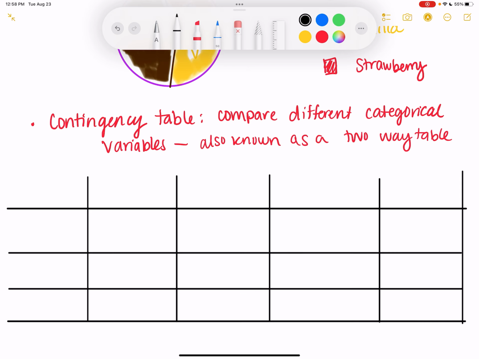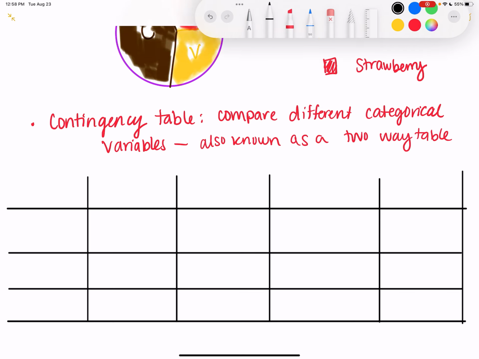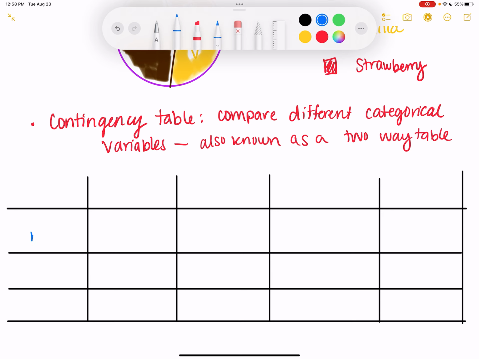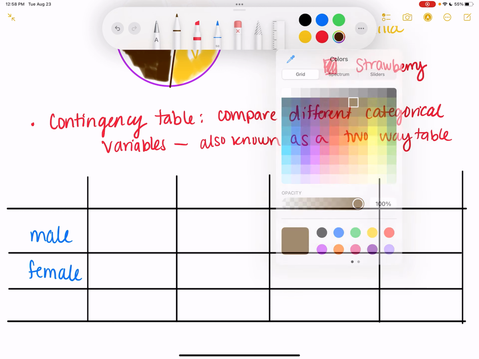Okay, so then the top left box isn't getting anything, but over here we're going to have male and female. So now we're breaking down the flavor choices by male and female. Then these top 3 in the middle are going to be each flavor: chocolate, vanilla, and strawberry.